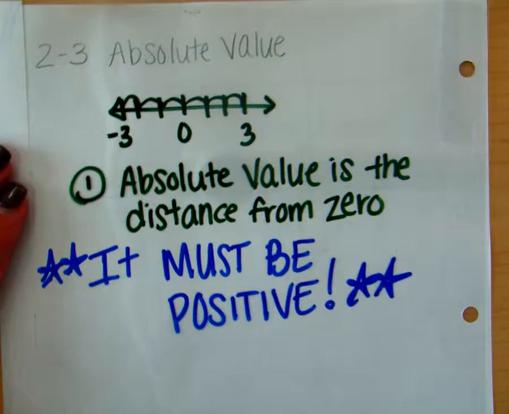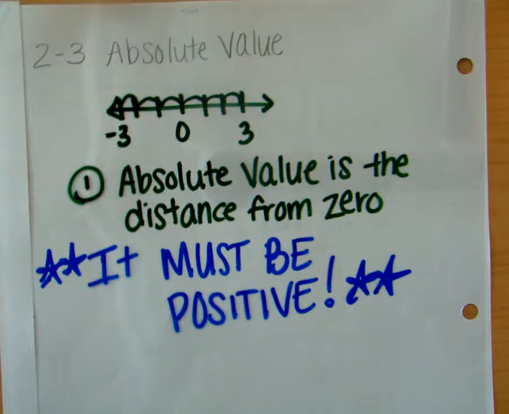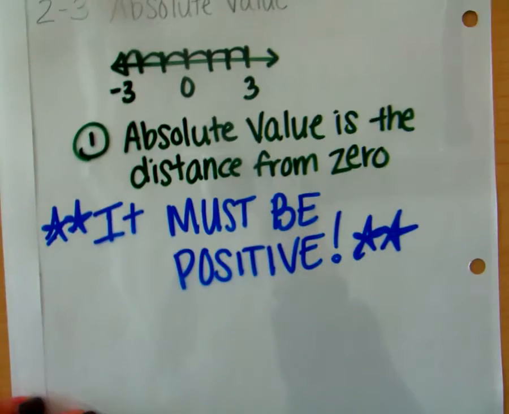It must be positive. Okay? Because a distance is always positive. I cannot stand and take negative steps. Okay? I can only take steps in a direction, but I can't take -2 steps.